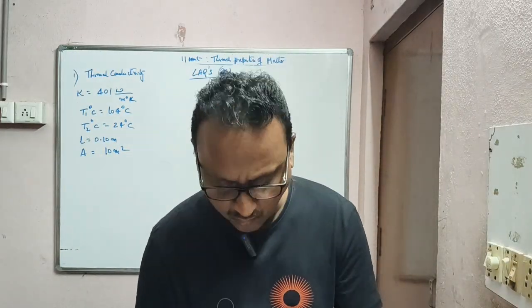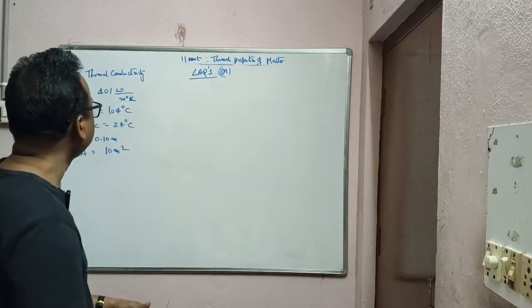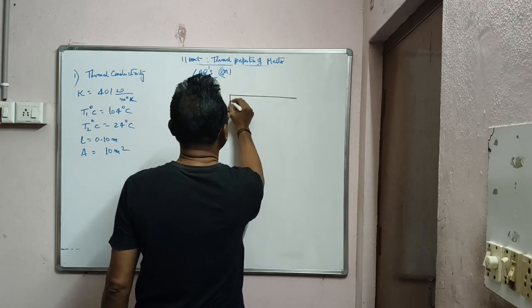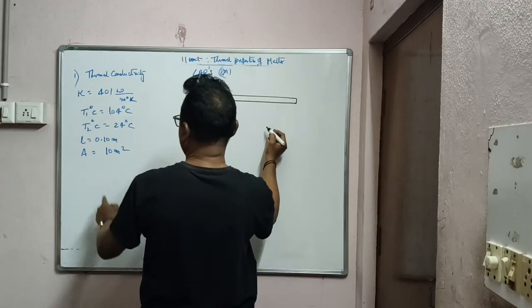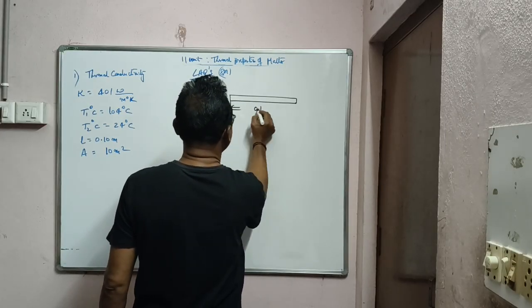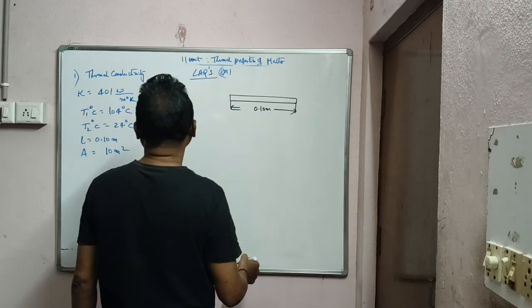The first question says, explain thermal conductivity and coefficient of thermal conductivity. First we will explain. I'll draw the figure. For example, this is an iron bar of length 0.1 meters.